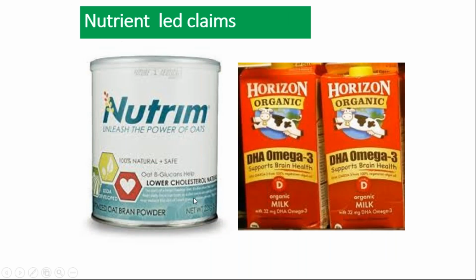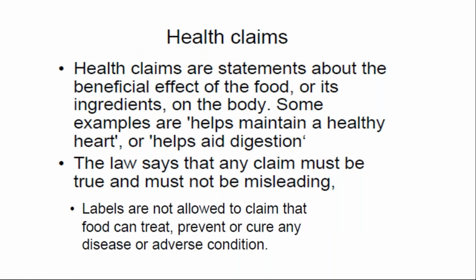Here is a nutrient-led claim. You see it says the oats beta glucans help lower cholesterol. And here you have docosahexaenoic acid omega 3 supports brain health. It doesn't say this product supports brain health, but it tells you that DHA in this product supports brain health. And then you have health claims.